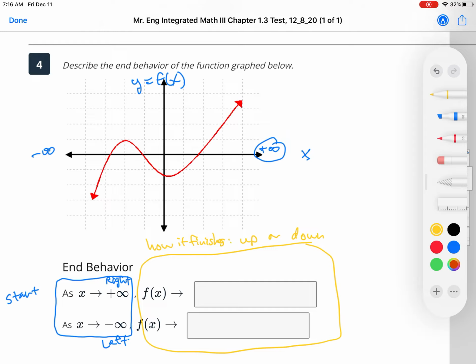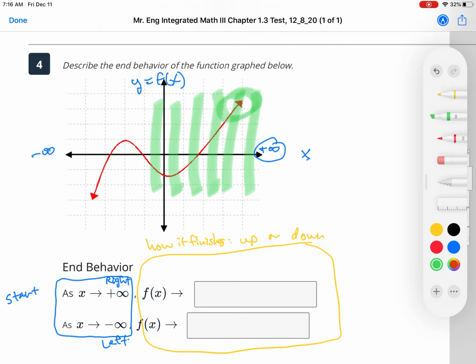I would like to show you using a pen, but it's kind of hard doing that, so I'm just going to use a highlighter. So as I go towards the right, where does the graph finish? Does it finish up or down? It finishes up. And how do we say up? We would say positive infinity on the f of x. So this is another way of saying up.